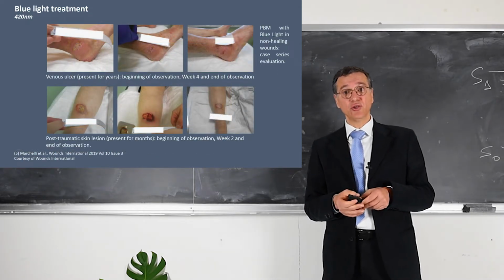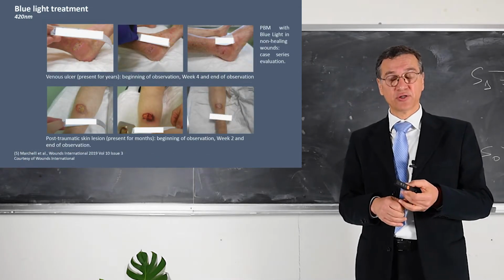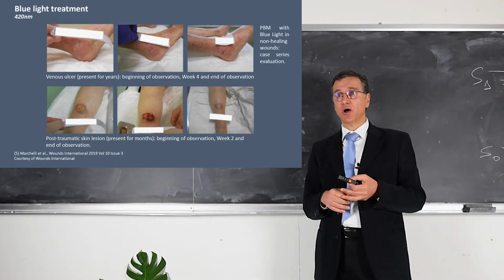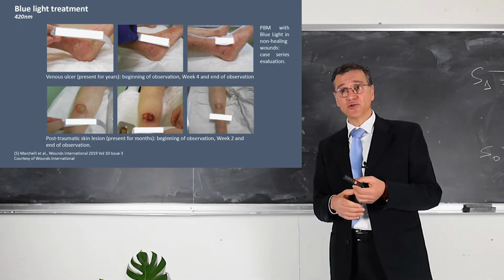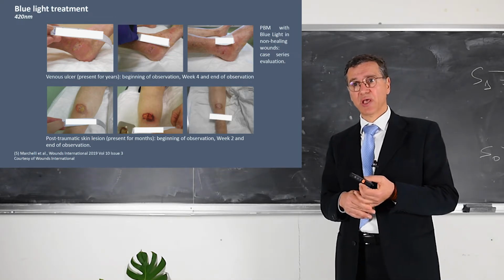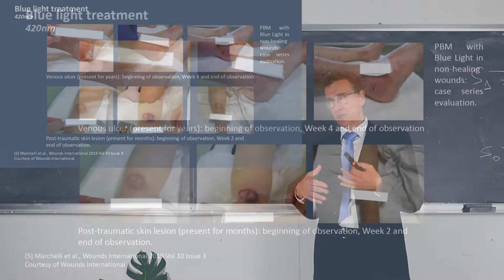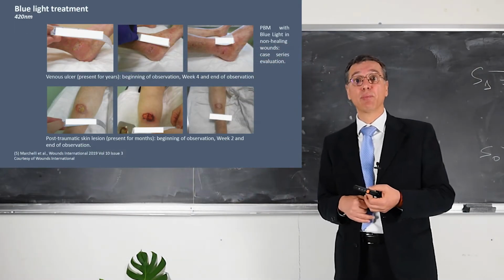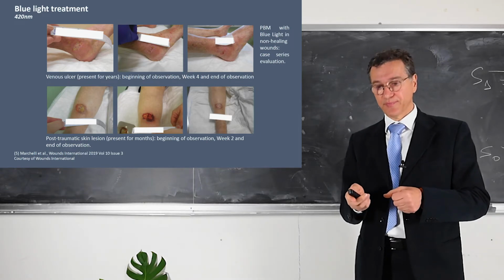And always using blue light at 420 nanometers, we observe a good healing process also on venous ulcers and on post-traumatic skin lesions, which were chronic, were not healing, so we unblock the healing process, and after 2-3 weeks, up to 4 weeks, we observe the complete healing process.